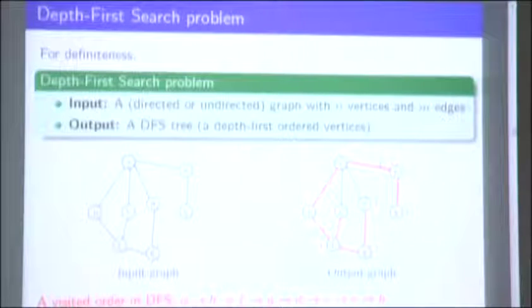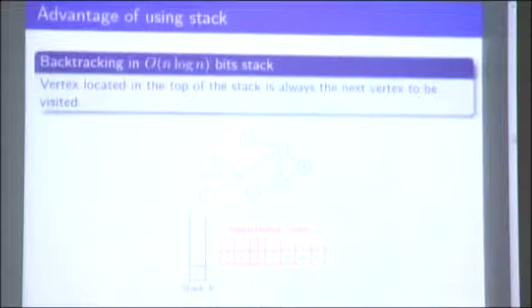That means if we are given a graph, then depth-first search returns a searching order, for example A, B, F, G, C, D, E. We usually use an O(n log n)-bit stack to construct the depth-first search, because it's easy to backtrack.